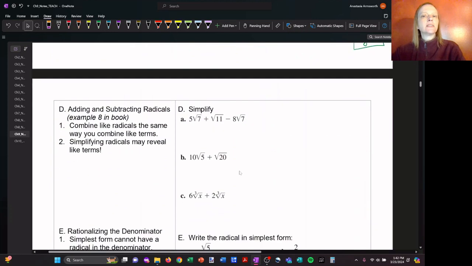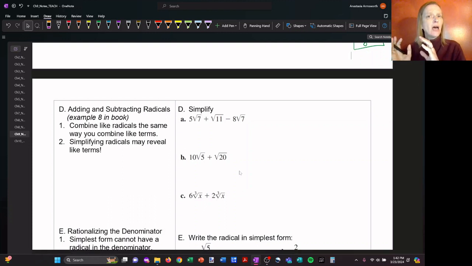All right, let's look at how we can add and subtract radicals. When you add and subtract radicals, you need to treat them just like like terms. So if you think of this, if I just say the square root of 7 is x and the square root of 11 is y, then I can think of this as being 5x plus y minus 8x.